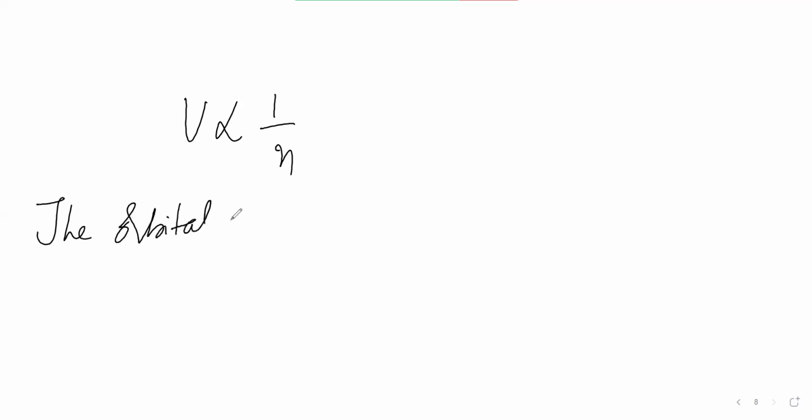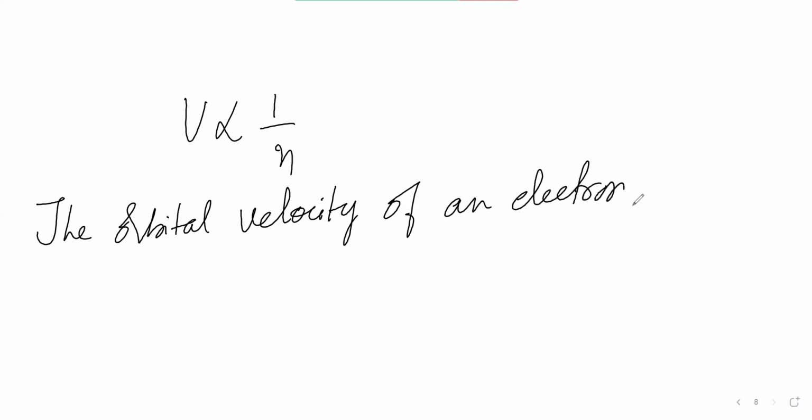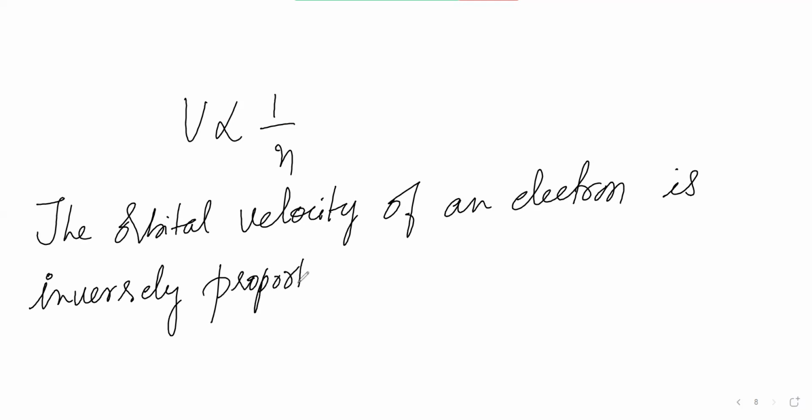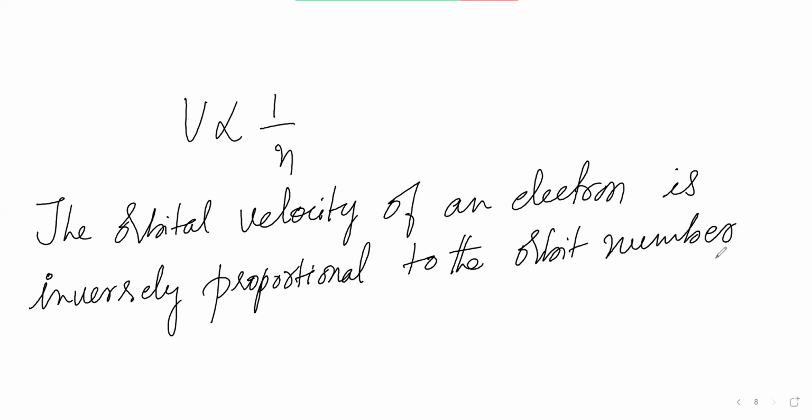I can write here: the orbital velocity of an electron is inversely proportional to the orbit number.